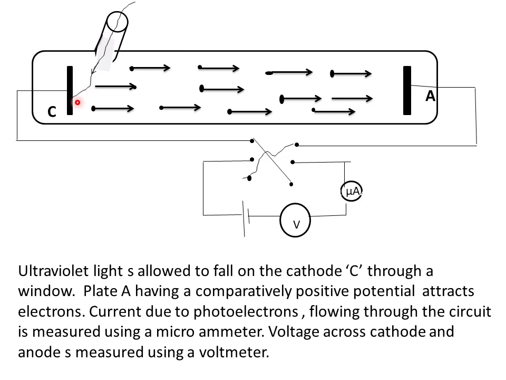Current due to photoelectrons flows through the circuit. Here we have a commutator to change the voltage of anode and cathode, a microammeter to measure current, and a voltmeter to measure voltage across anode and cathode.